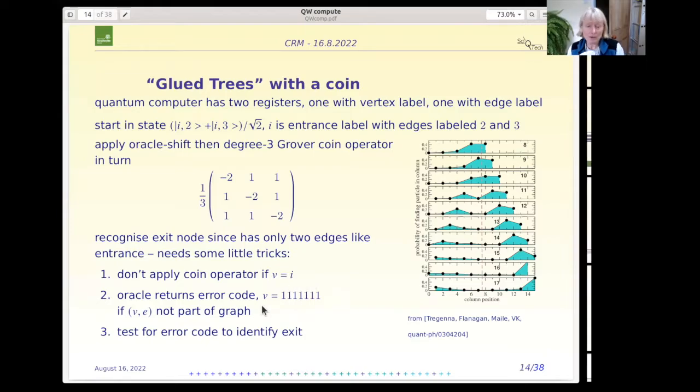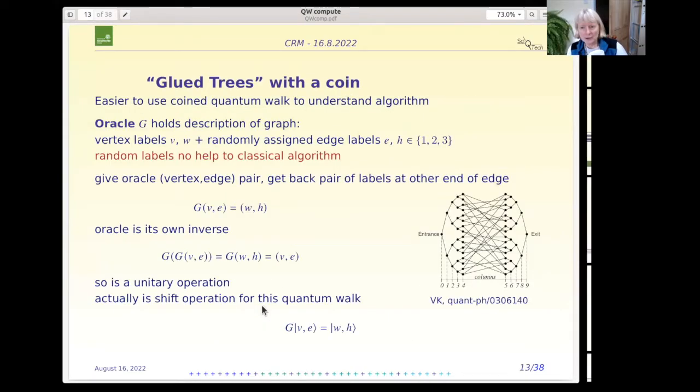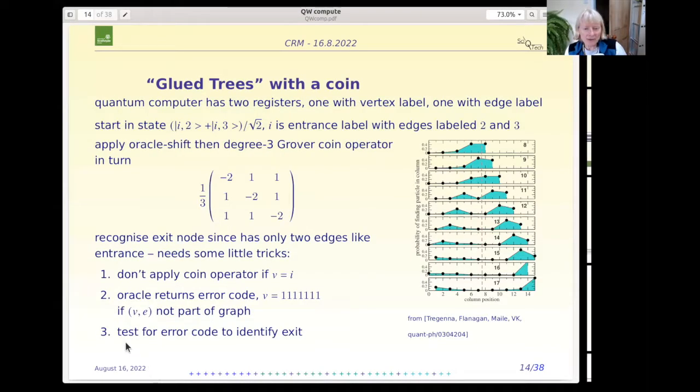So if you ask it for the edge that doesn't exist because it's the one that would lead out from the exit like this, instead it'll give you an error code and you go, aha, I've arrived, I made it. And then you can test for the error code to identify the exit. So this is the discrete time version of it.